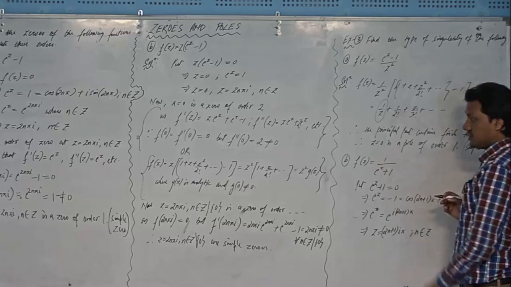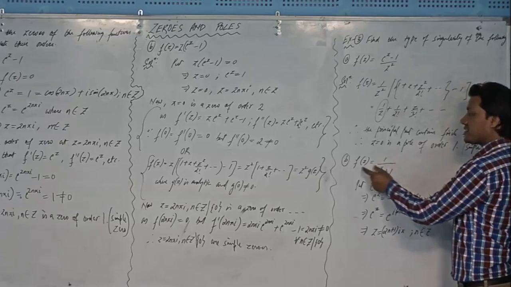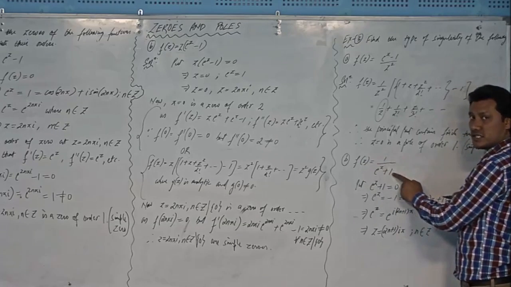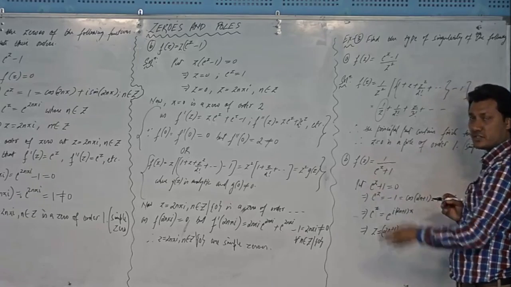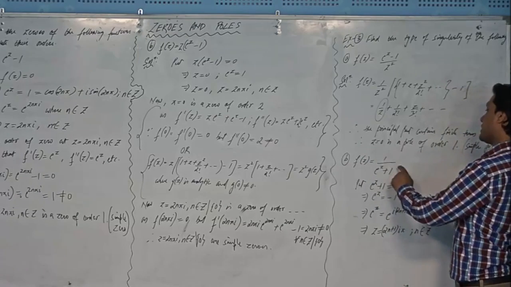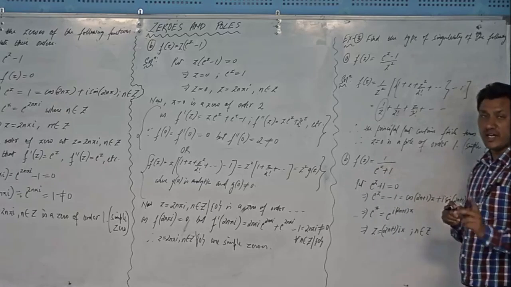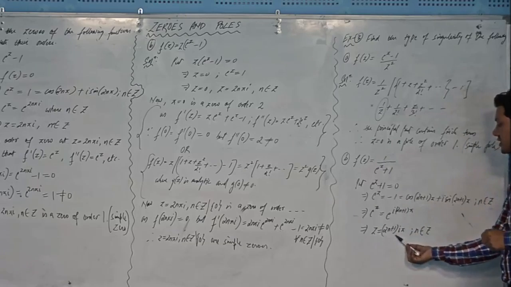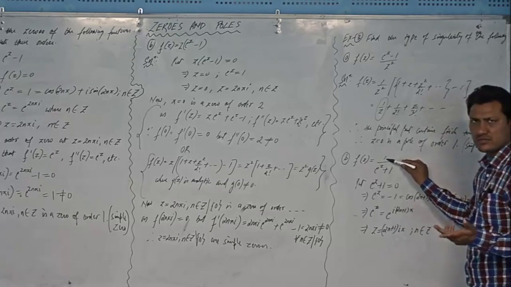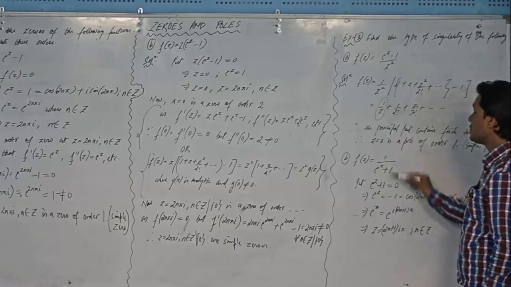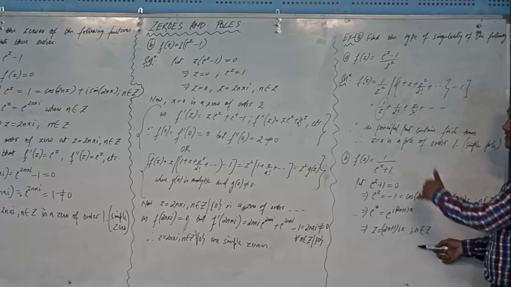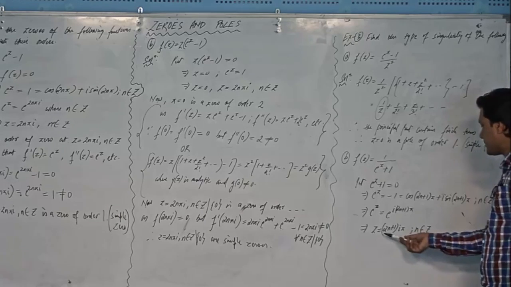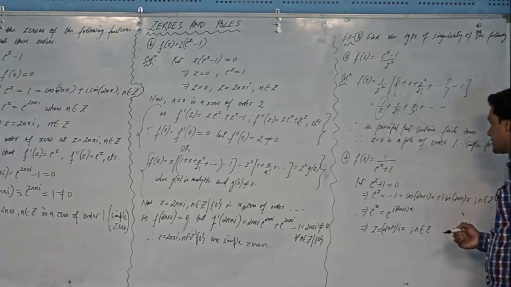And as we said, for a rational function of the form f(z) equal to h(z) upon g(z), the poles are given by the zeros of the denominator, provided the numerator is analytic at those points. You can check that at all these points this constant function is obviously analytic and non-zero, right? So I'm using that remark I have written here. Okay, so these are the poles, right?